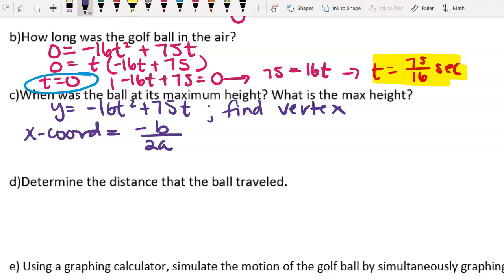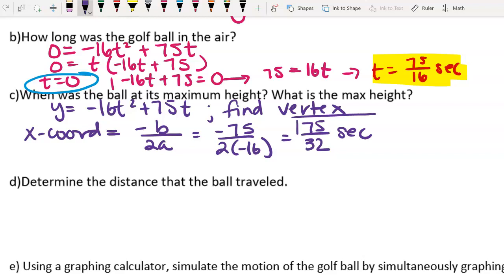Oh, I said it all wrong. Sorry. All right, what's b? So negative 75 divided by 2 times negative 16. That is going to be positive 75 over 32. Is this seconds or feet? Seconds, okay? So it will reach its maximum height in 75 over 32 seconds.